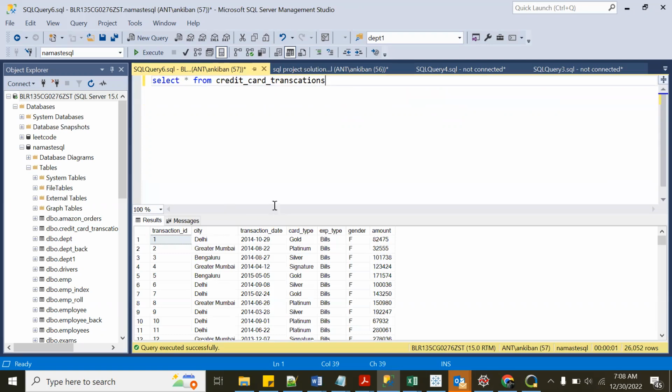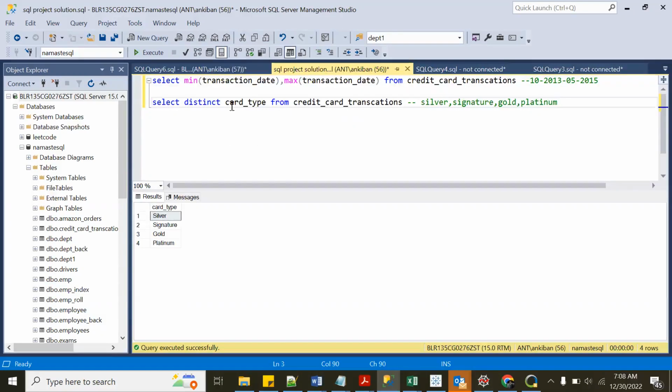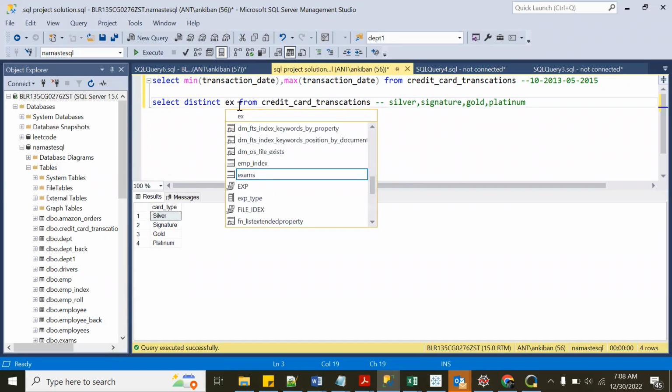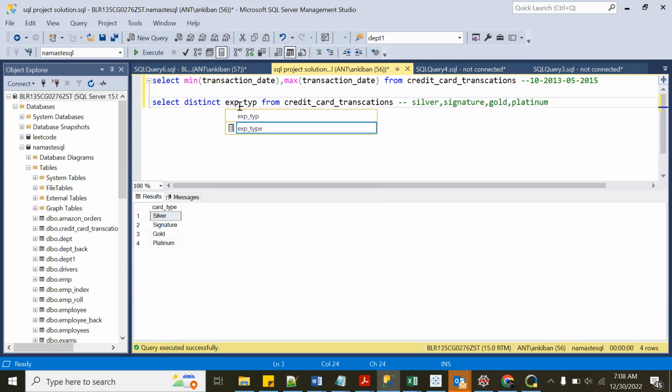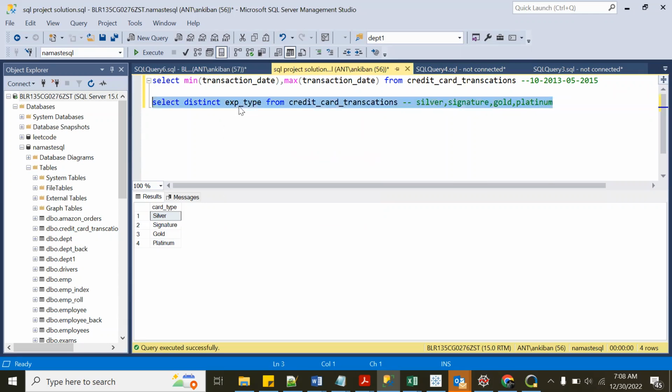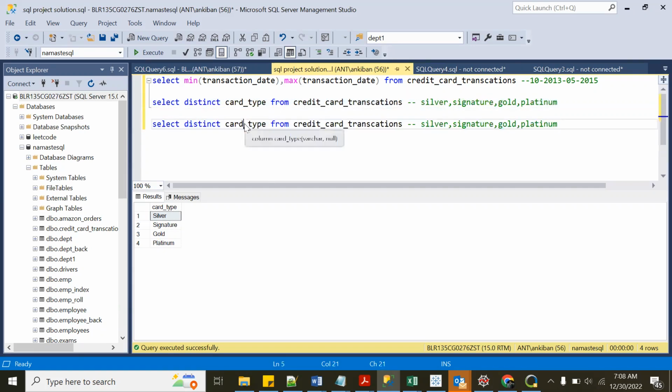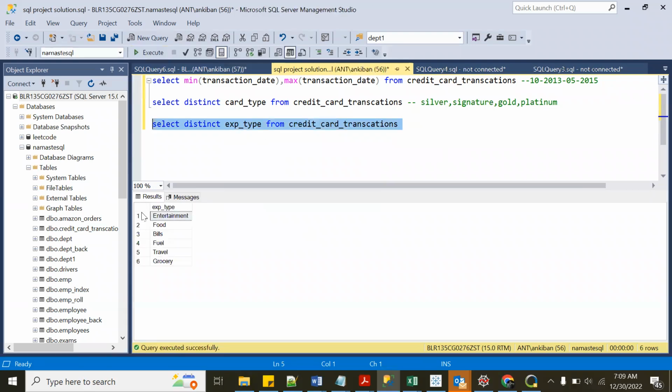What else do we have? We have expense type. Let's see what expense types we have. We have these expense types: entertainment, food, bills, 6 different kinds of expense types.